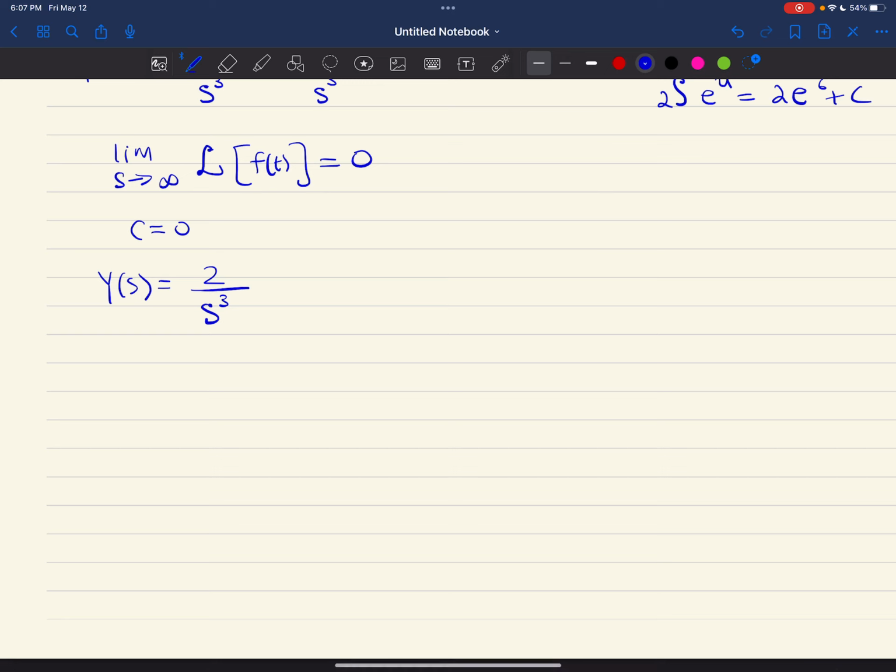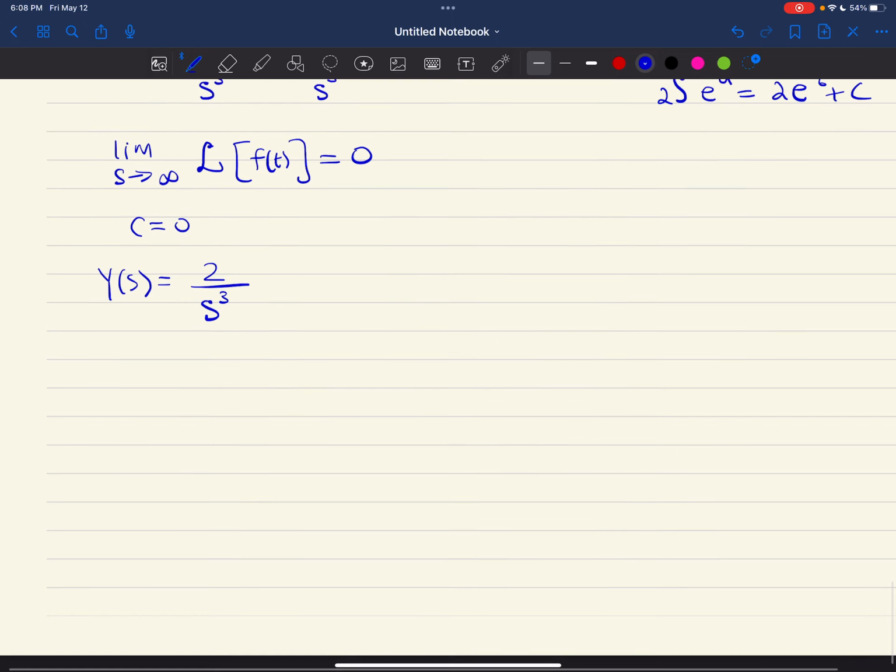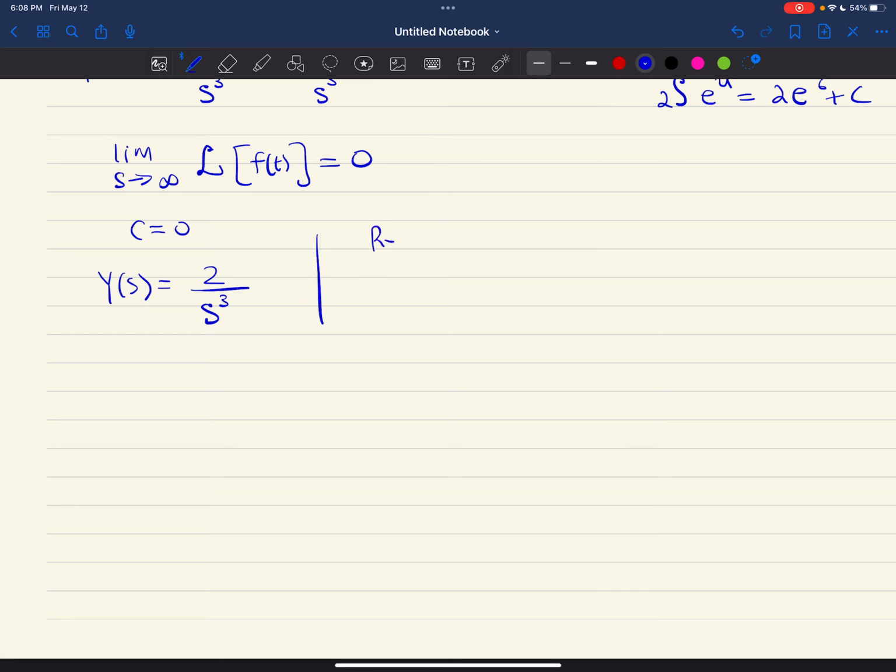And for this one, you would have to use another formula sheet, which says something like, recall that Laplace of t to the power of n is just n factorial divided by s to the power of n plus 1, right?